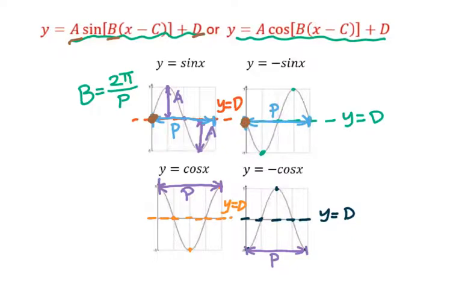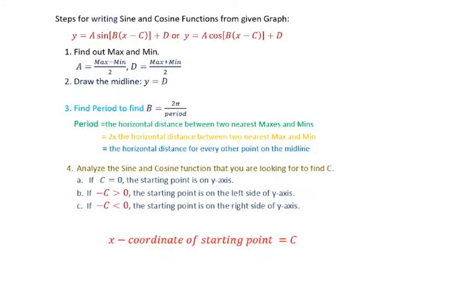For cosine x, definitely this is the starting point. For y equals negative cosine x, the minimum will be the starting point. For the starting point, the x coordinate of the starting point equals C.